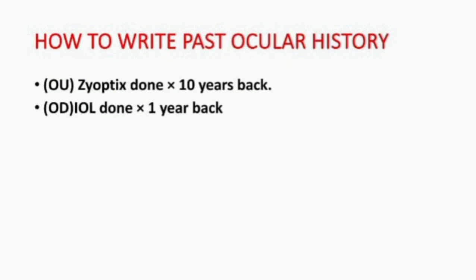If the patient says 10 years back they had LASIK in both eyes, we write it as OU LASIK done x 10 years back. Another example: if the patient says 1 year back they had cataract surgery in the right eye, we write it as OD IOL done x 1 year back.